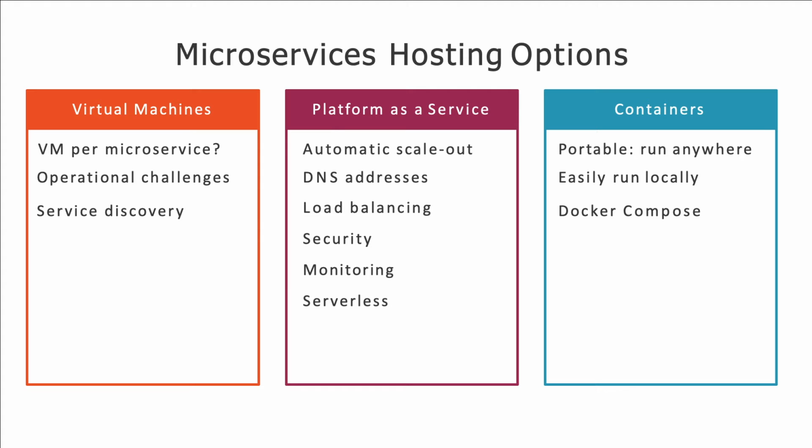DNS addresses are also generally managed by the cloud provider, and load balancing happens behind the scenes. If you have many instances of your services, the load balancer is configured behind the scenes and can balance the load between different instances of your microservice.